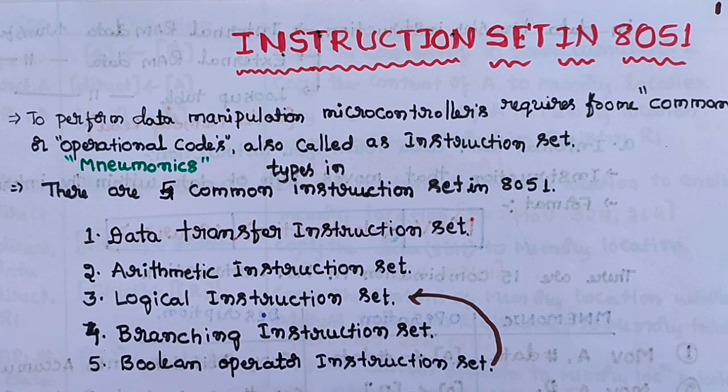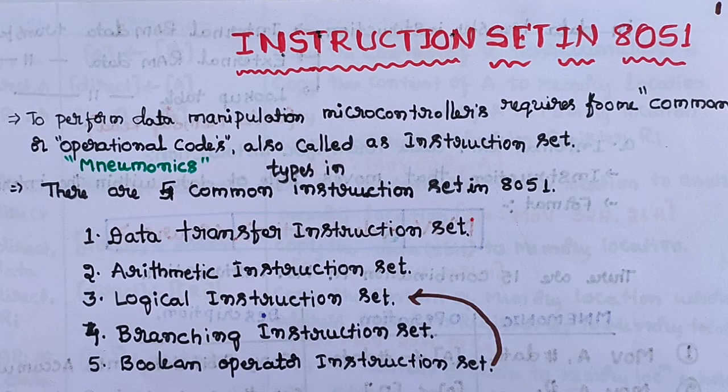Before going to the 8051 instruction set, we need to know what an instruction set is. In order to perform any operation, or the manipulation of binary information in any processor, we require some set of commands or operational codes, or you may call them mnemonics. Those manipulation codes or commands are called the instruction set.